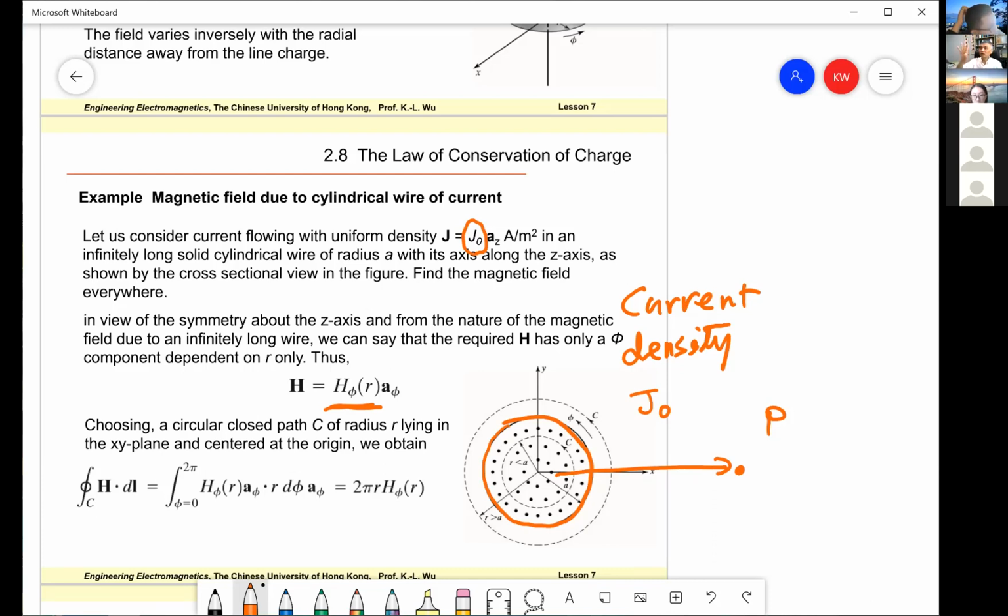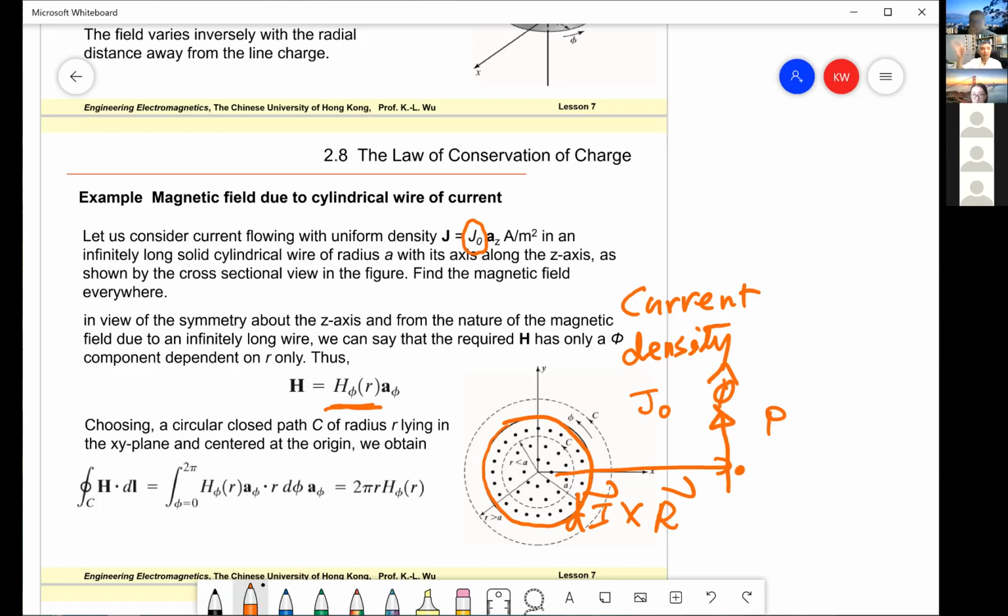The four fingers point in the direction of the current, crossed with the R vector. This direction is the direction of the magnetic field. So the magnetic field must be in the phi direction.